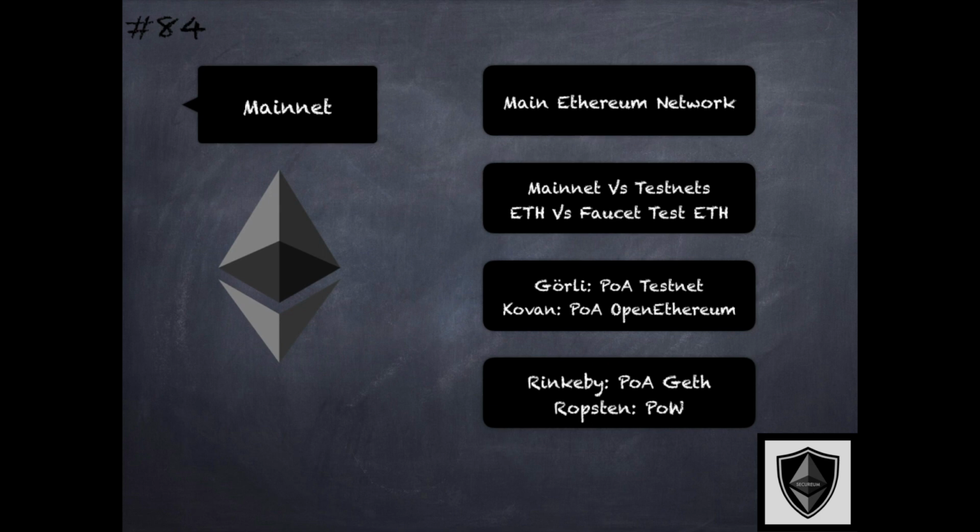And finally, we have the Ropsten testnet, which is a proof of work testnet, unlike all the other proof of authority testnets. And this being a proof of work testnet means that this is really the best representation of mainnet Ethereum, which also uses proof of work.